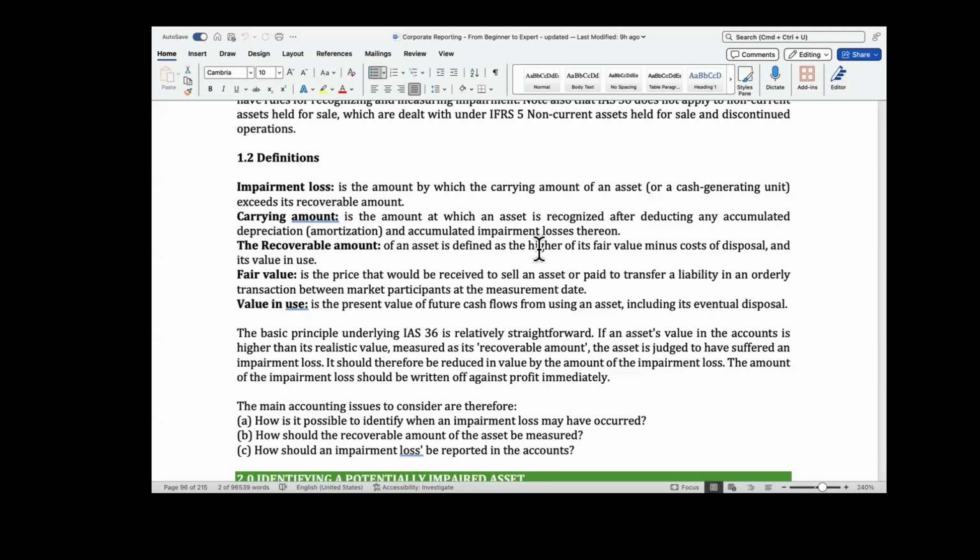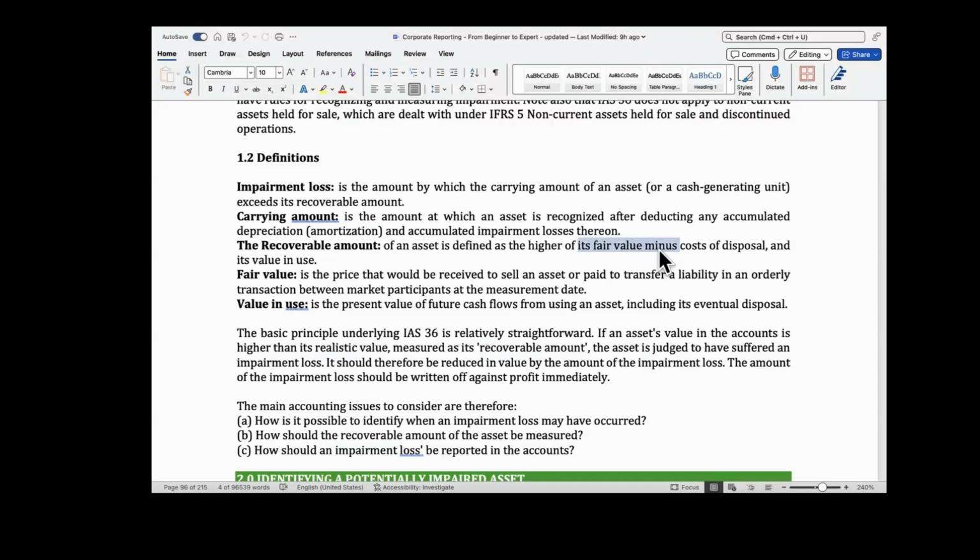Also, we say recoverable amount is the higher between the fair value minus cost to sell and the value in use of an asset. That's the recoverable amount. And when it comes to fair value, we say this is the price that would be received to sell an asset or paid to transfer a liability in an orderly transaction between market participants at the measurement date.